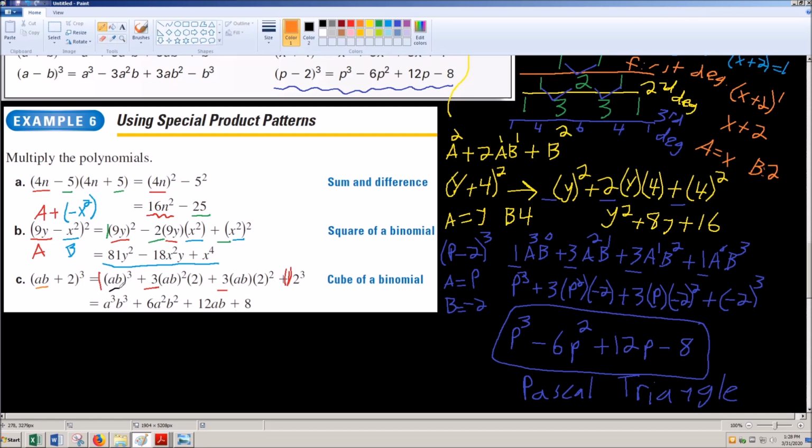So here's this thing to the 3rd, this thing to the 2nd, this thing to the 1st, and then it's to the 0. Okay, cool. Then I see this, and my 2 is going to go in ascending order. So here it's to the 0, now here it's to the 1, here it's to the 2nd, and here it's to the 3rd. And now we add all these values up, we do our multiplication, and this is where we arrive at. So those are our special product patterns.